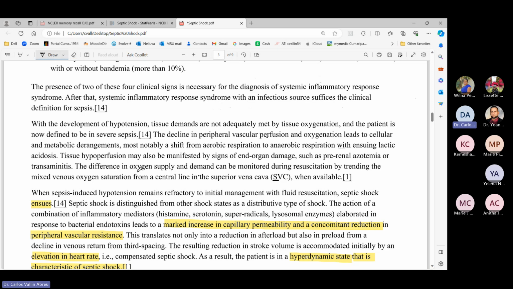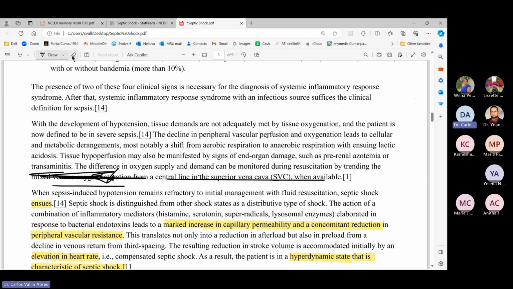The difference in oxygen supply and demand can be monitored during resuscitation by trending the mixed venous saturation. Okay, this is too specific for ICU nursing. So the quantification of the level of CO2 expelled at the end of expiration, and the determination of the mixed venous saturation, this is too much for entry level generalist nursing.